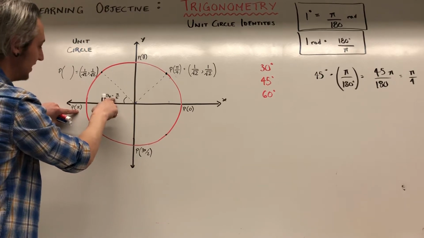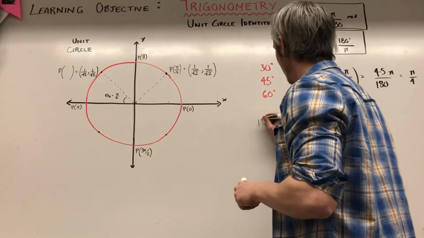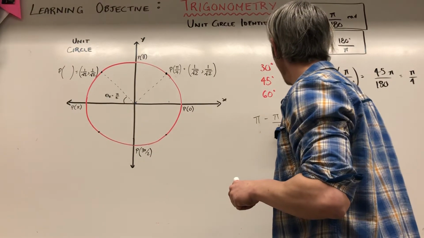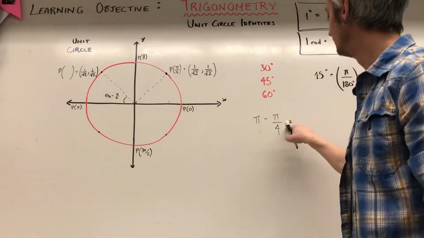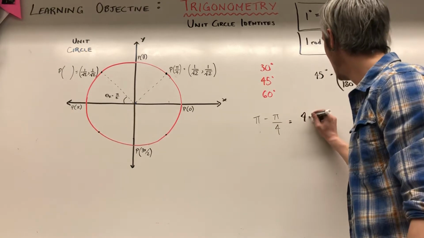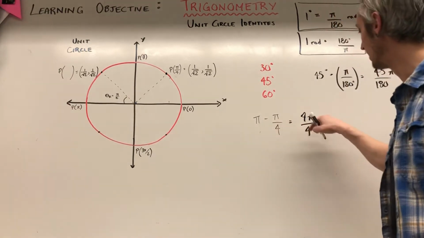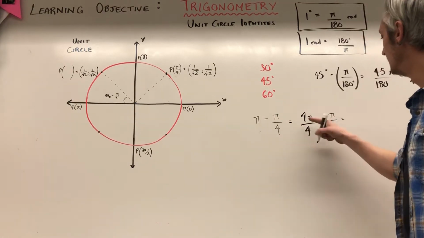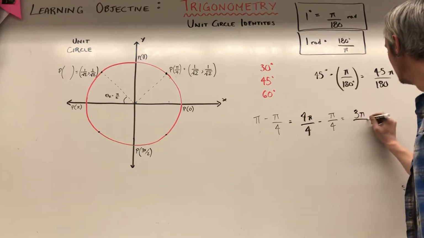Pi over 4 is 45 degrees, pi is 180. So pi minus pi over 4, now I have to have a common denominator, so I rewrite pi as 4 pi over 4, minus pi over 4, is 3 pi over 4.